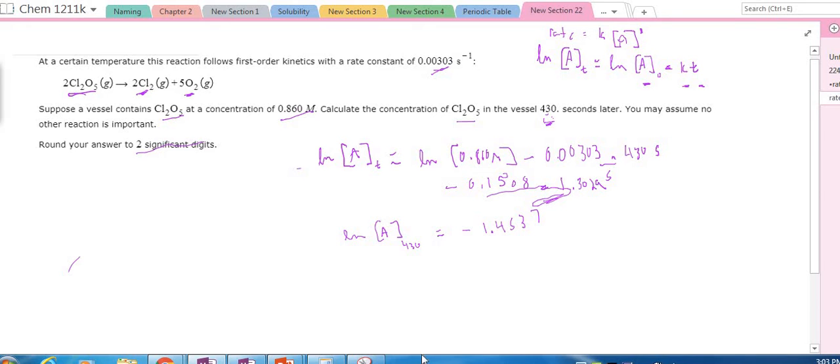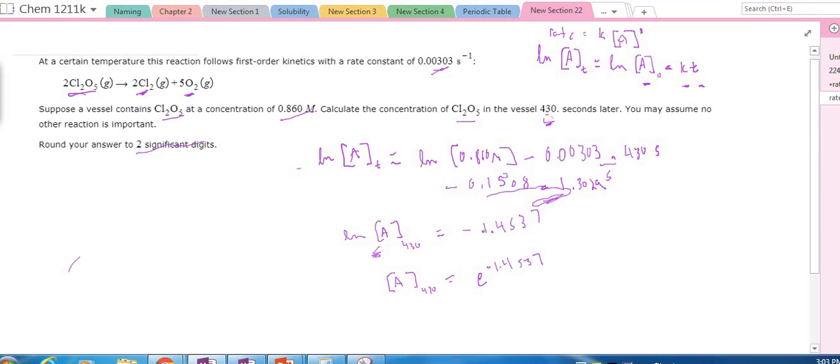So now how do I solve? Some of us will have to remember this. The concentration of A at 430 seconds is going to equal e raised to the minus 1.4537. This is how we get rid of that natural log.